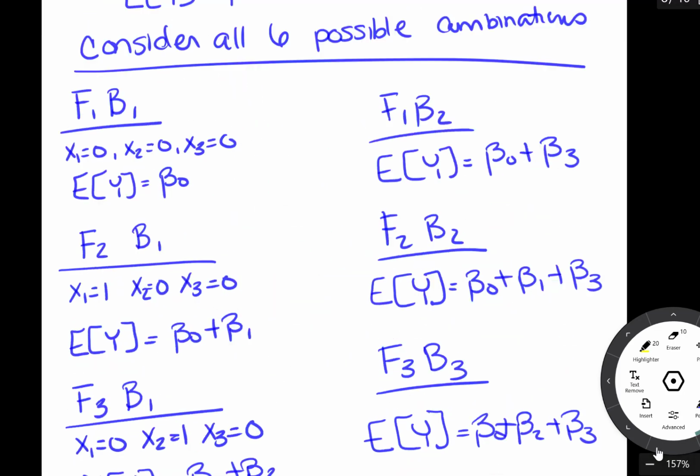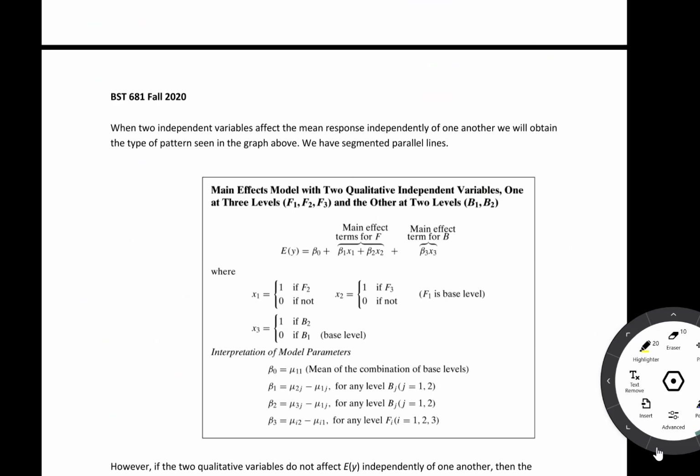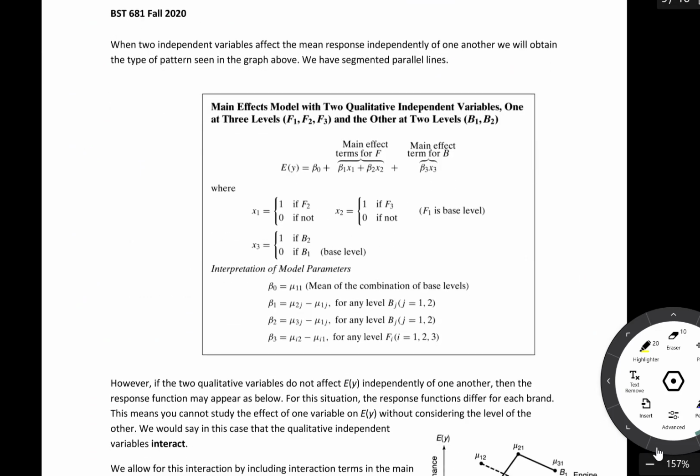Well, as you probably could guess, if we look at the interaction, we're no longer going to have independent lines. So here is the summary of the main effects model with 2 qualitative or categorical independent variables, one at 3 levels and the other one at 2 levels. And so notice here what you could solve for is the interpretation of those model parameters, and they end up being something fairly similar to what we saw when we had the single categorical variable.